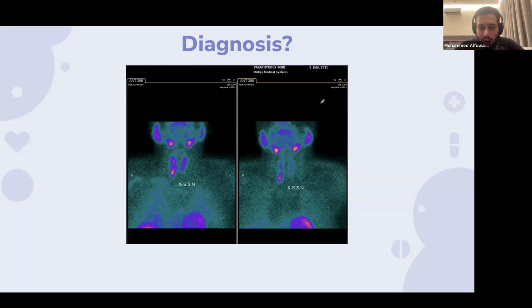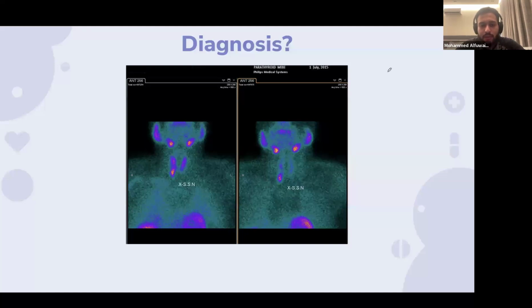What is your diagnosis? Parathyroid adenoma. Excellent. Firstly, you will do labs. You'll see high PTH, high calcium, low phosphate, high urinary calcium. And this will tell you that this patient has primary hyperparathyroidism.